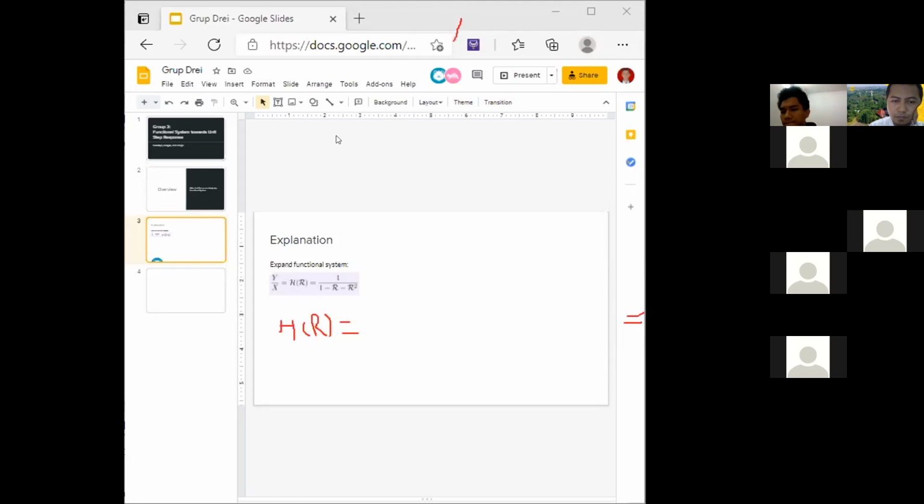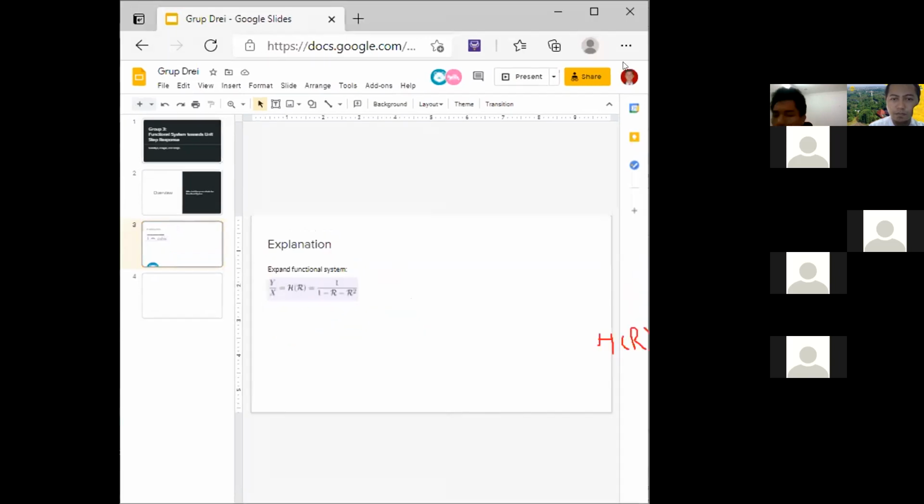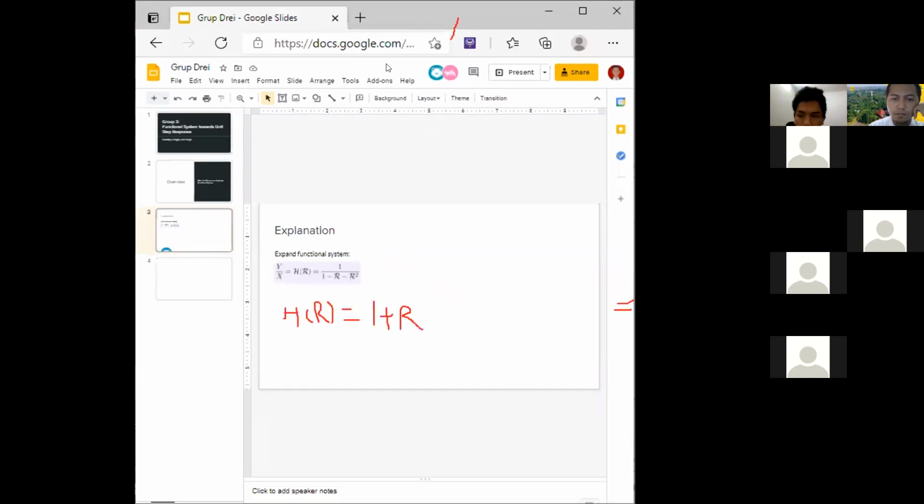I determine the answer as H(R) equal to 1 plus R plus 2R squared, and so on.